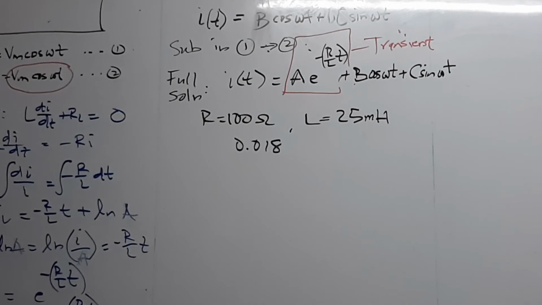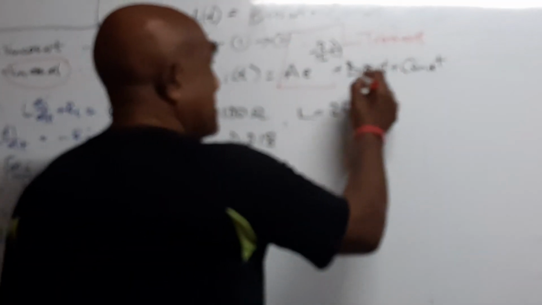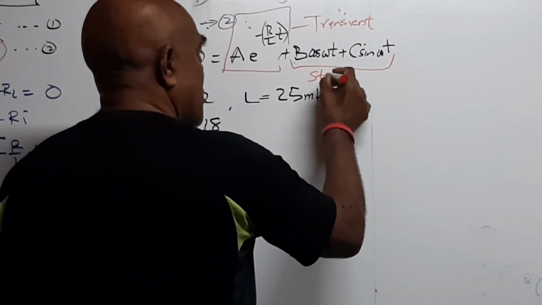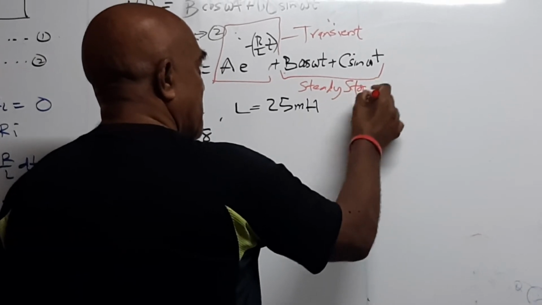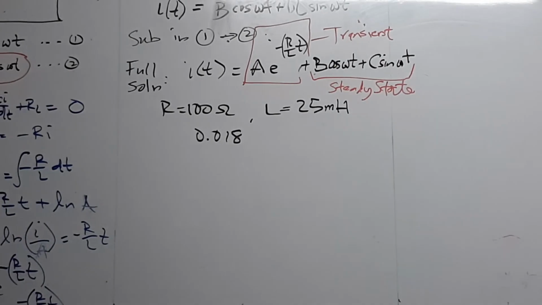So it is only there for a while, and then the steady state takes over. So this is your transient, and this portion over here takes over, because this is what then goes on to infinity. Hence the reference to it as a steady state.